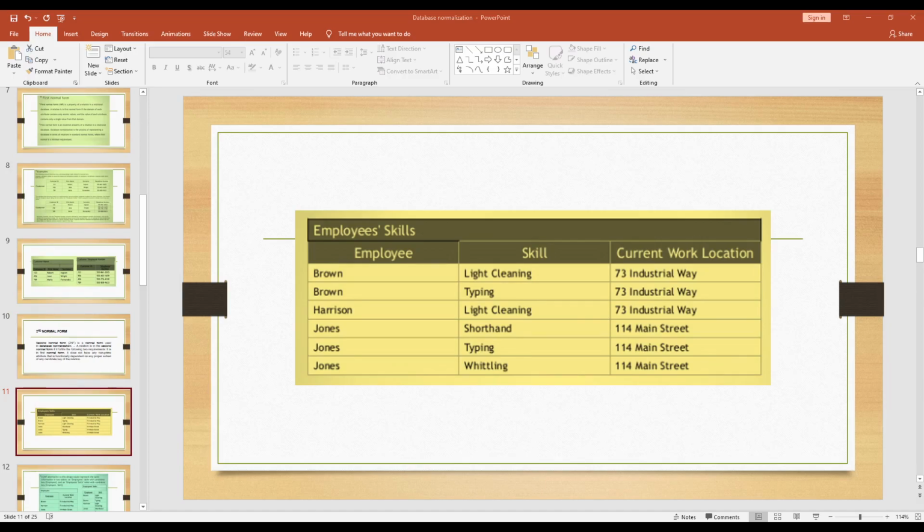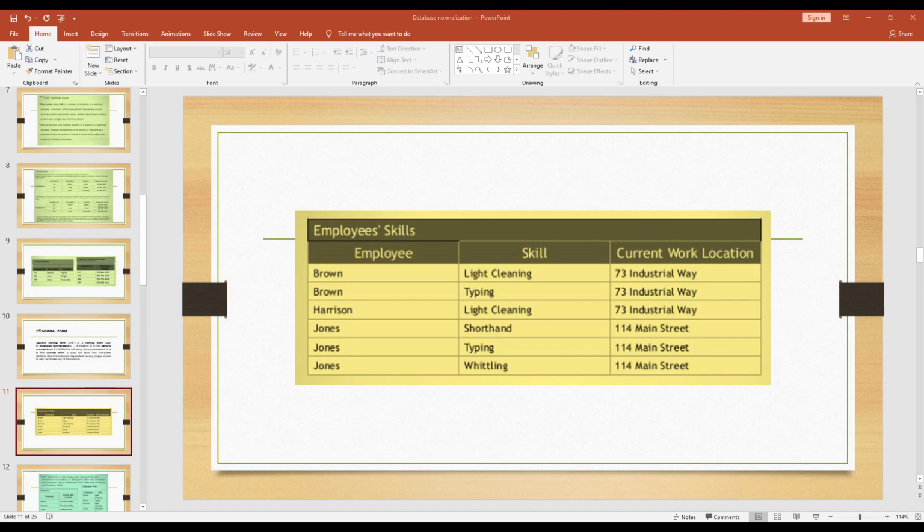Example: consider a table describing employee skills. Neither employee nor skill is a candidate key for the table. This is because a given employee might need to appear more than once, as he might have multiple skills, and a given skill might need to appear more than once, as it might be possessed by multiple employees.